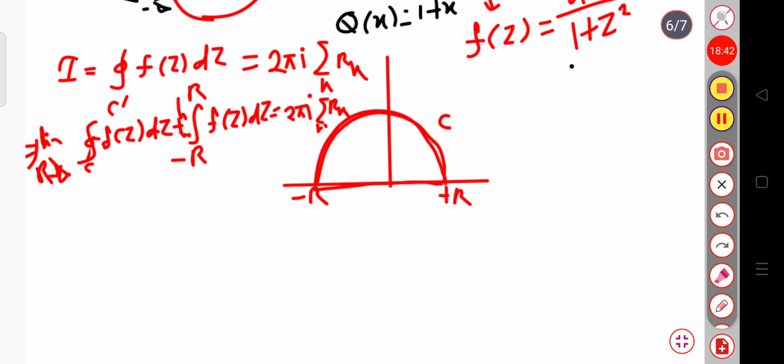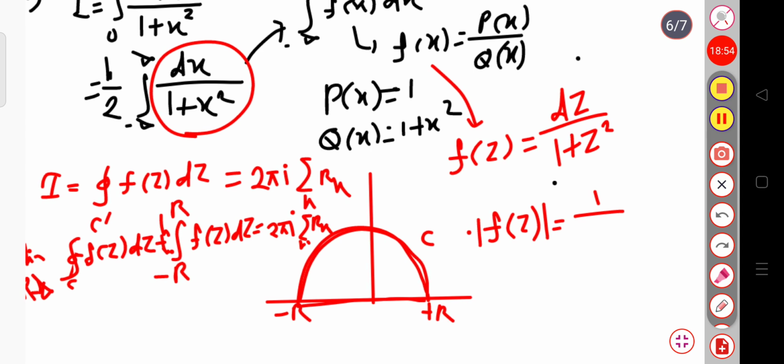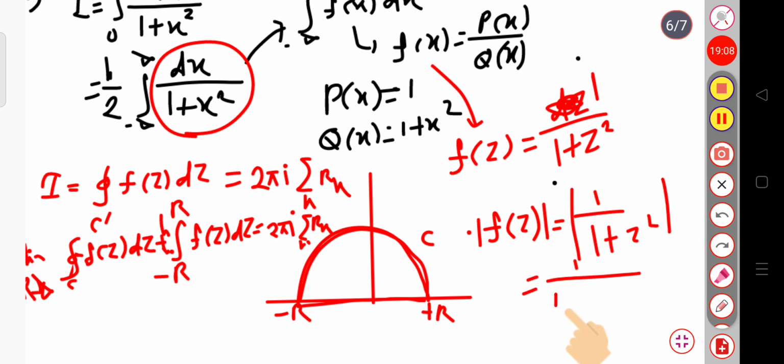You can see that the modulus of f of z, where f of z is 1 divided by 1 plus z square, equals 1 by the modulus of z square plus 1, which is nearly equal to 1 by r square.